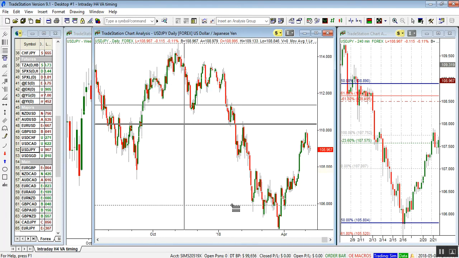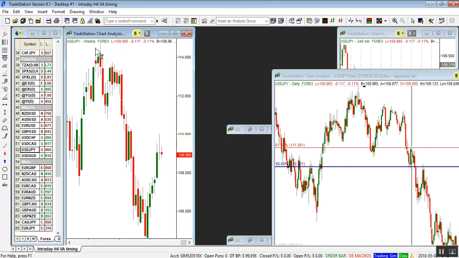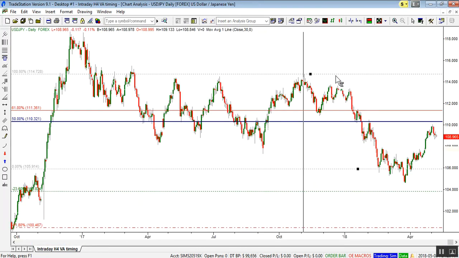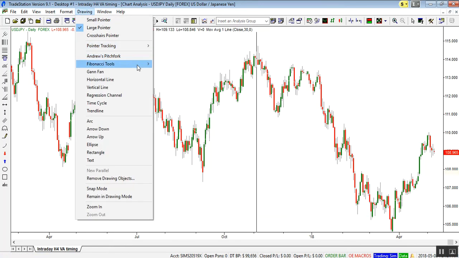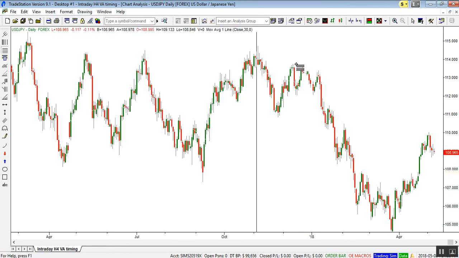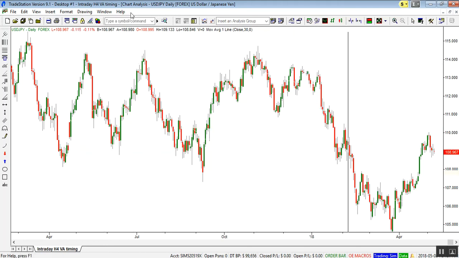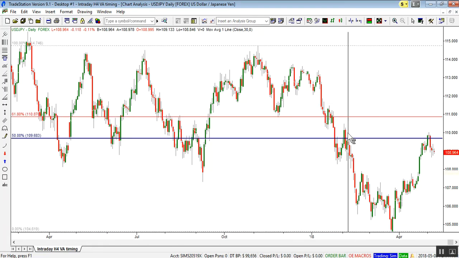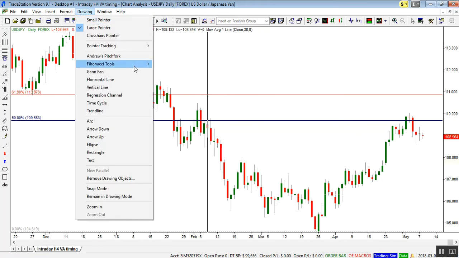Let me see if this is the actual level. Sorry, not the actual level, it's from the lower highs here. Let me retrace it. It's not the lower highs, it's the highs to lows. Okay, so we got some profit taking there, but this market is still strong.